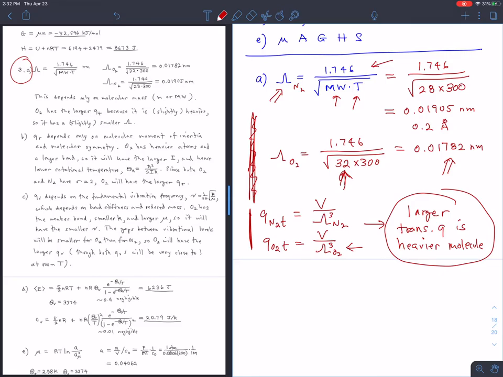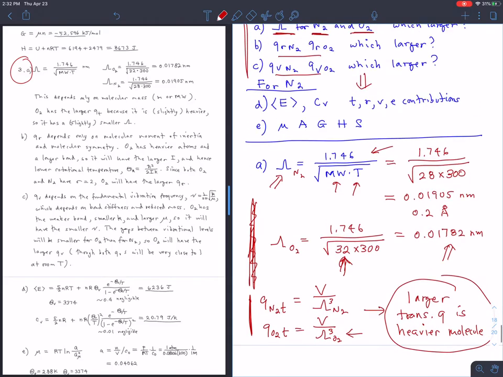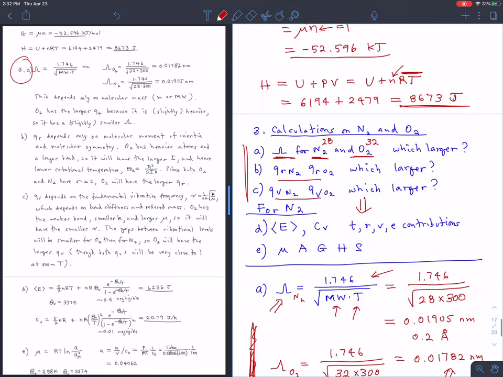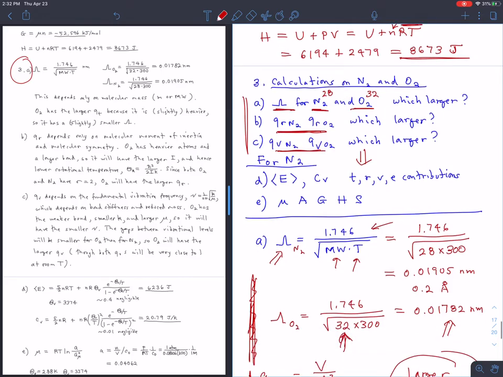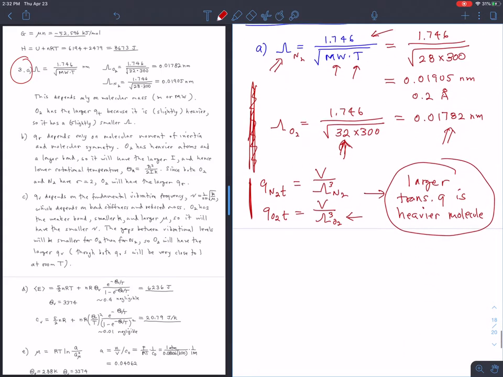All right, the next couple of questions, B and C here, ask qualitatively which will be the larger partition function for the rotations, and which one will be the larger for the vibrations.